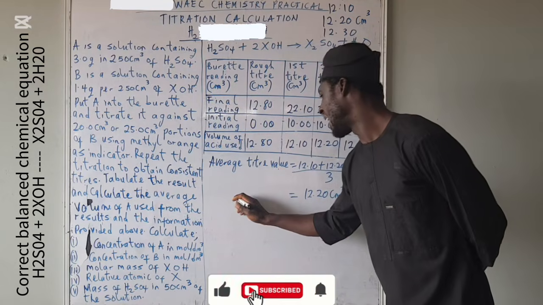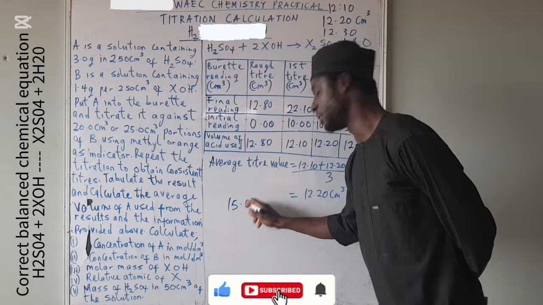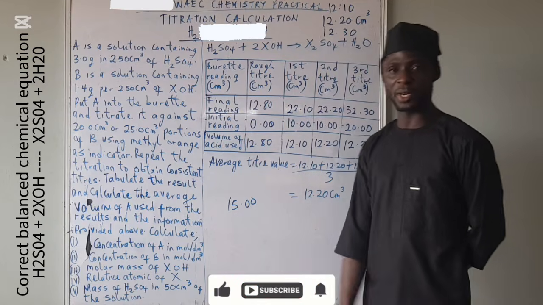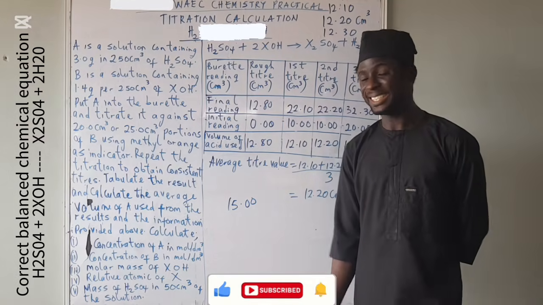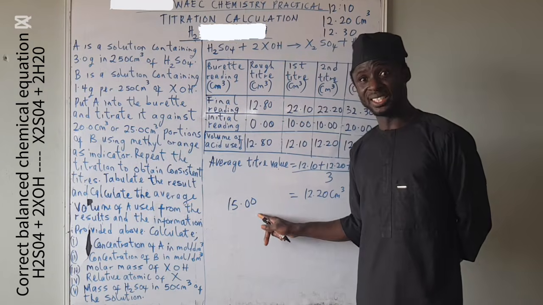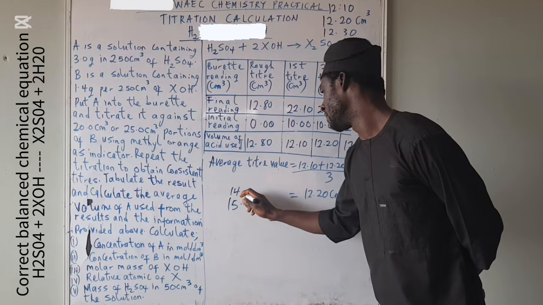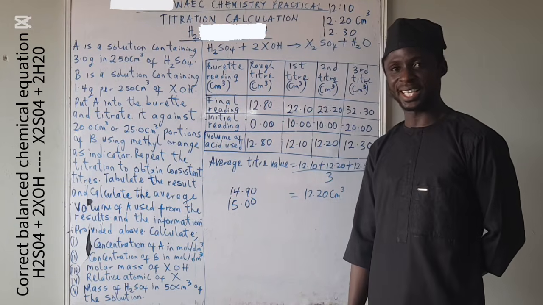Let's say for instance, I want to get 15.00. I want to get this as my theta value. So I'm going to get 0.1 less than this value and 0.1 greater than this value. So I'm going to get 14.90 here. Do you understand?